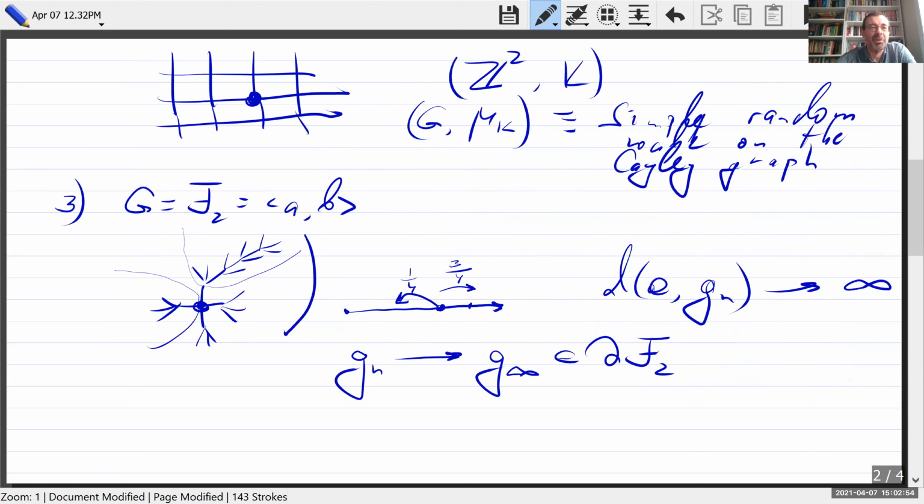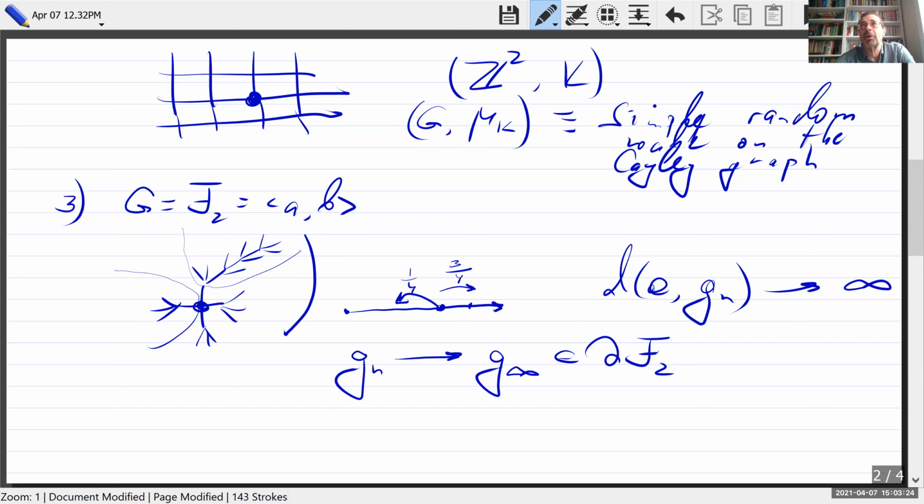Okay, so in this situation with the free group, what we had at the beginning was a group which was endowed with a bona fide topological boundary. And then we were looking at convergence of sample paths to this boundary, which provided us harmonic measures and the Poisson boundary.